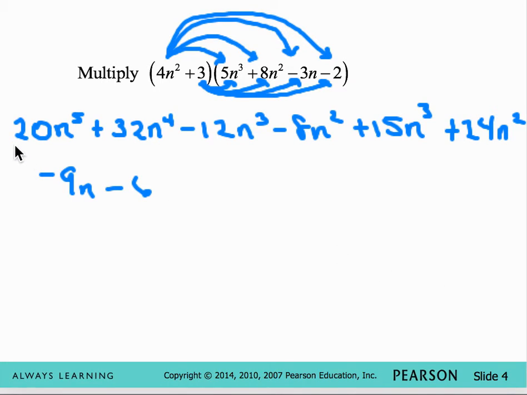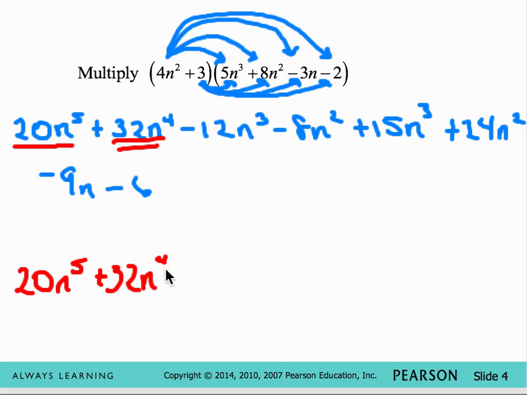Okay, so is there another n to the fifth? No. Is there another n to the fourth? No. Is there another n cubed? Yes. 15n cubed minus 12n cubed plus 3 of those n cubed things.